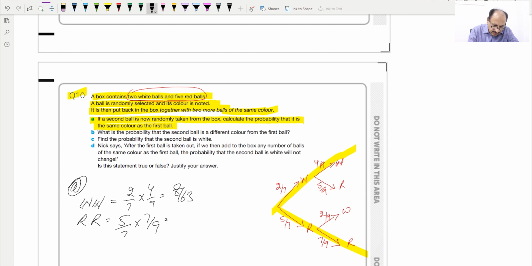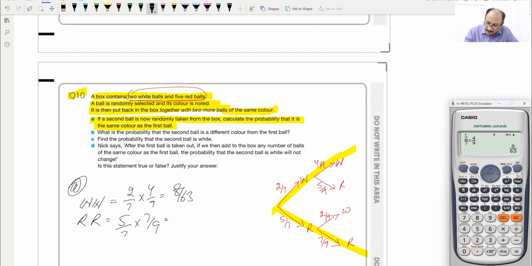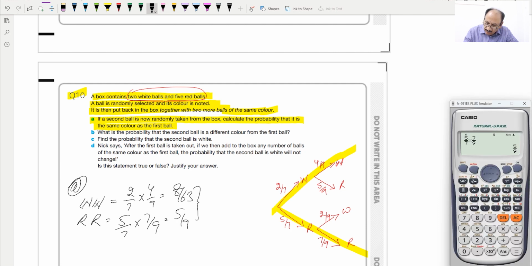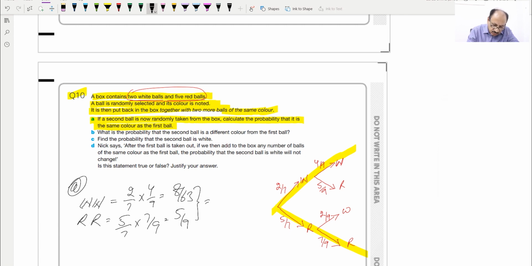And the second will be 5 over 7 multiply by 7 by 9, and this will be 5 by 9. Now we'll be adding these two, and by adding we will get 43 over 63, so 43 over 63 will be answer for part A, which is done.